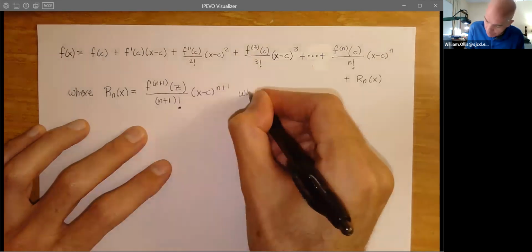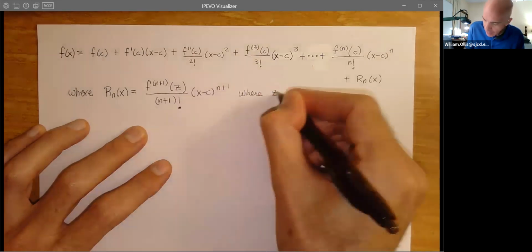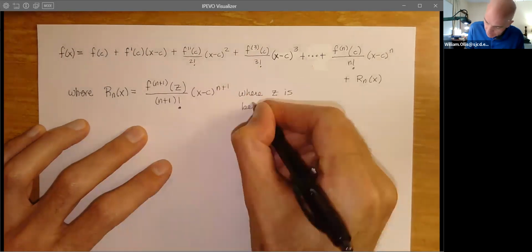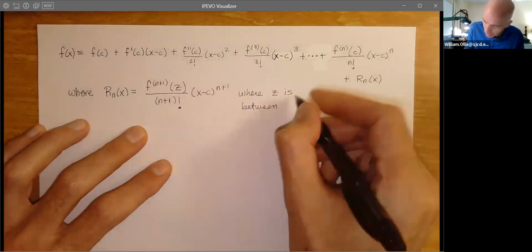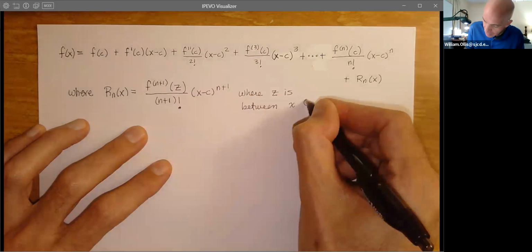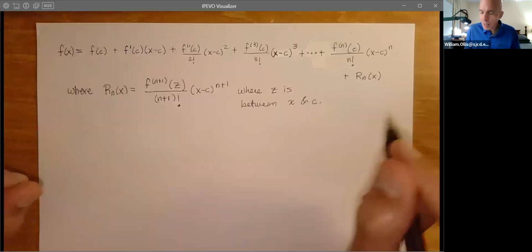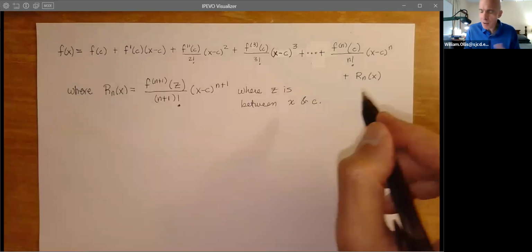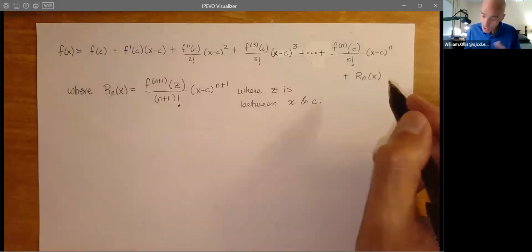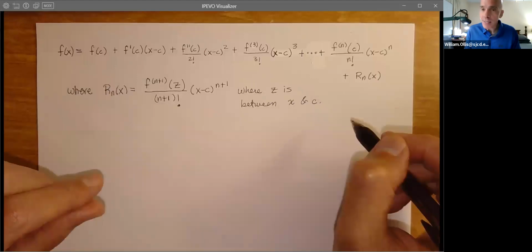Where z is between x and c. That's the best we can do, ladies and gentlemen. We don't know which is bigger, so you're thinking, well, why do you say it that way? Well, because that's the best we can do. So z is between x and c.